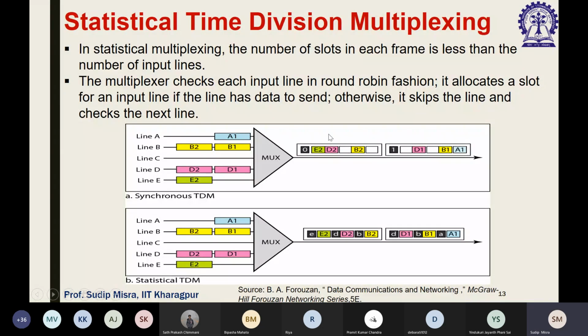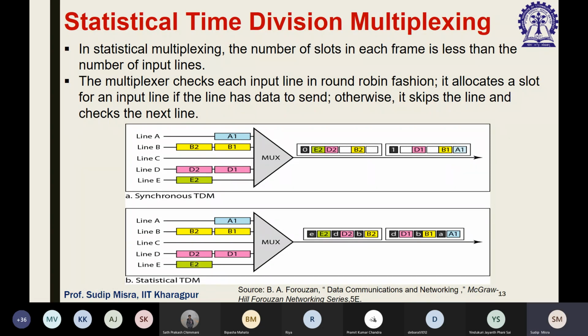So you see the problem is that in computer networks many times you have bursty traffic. You really do not have all the links occupied at all times. So if you have such a scenario, these slots are going to go waste, which will lead to underutilization of the link.